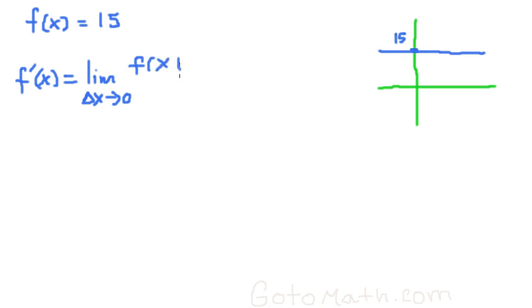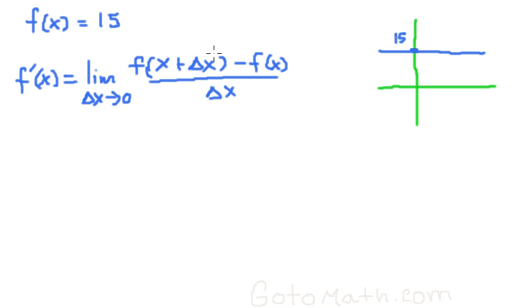This is x plus delta x, and then we're going to do minus f of x over delta x. So this is going to be the definition of the derivative given that the limit exists here.